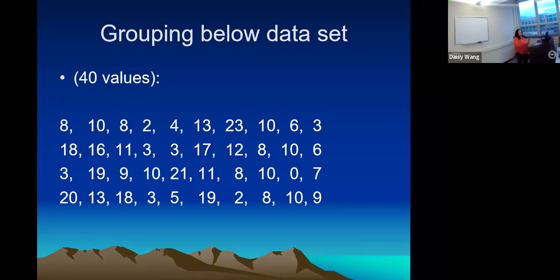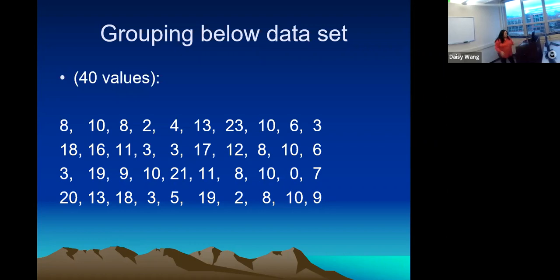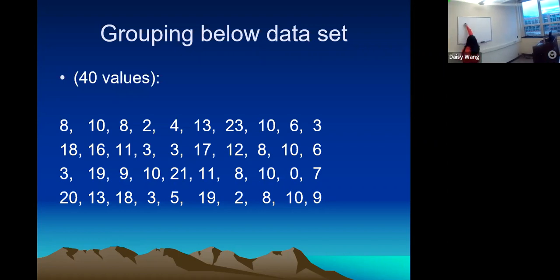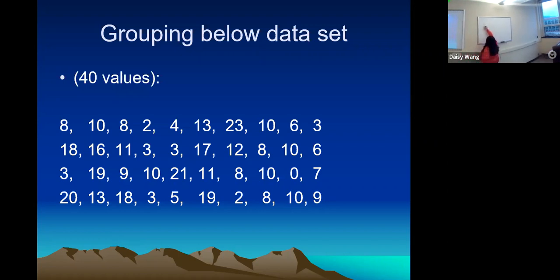Let me double check, to see if it's over 3.5. 21 divided by 6 is 3.5. So let's do 4. I would do 1 to 5, and then 6 to 10, 11 to 15... no, this is actually 5.